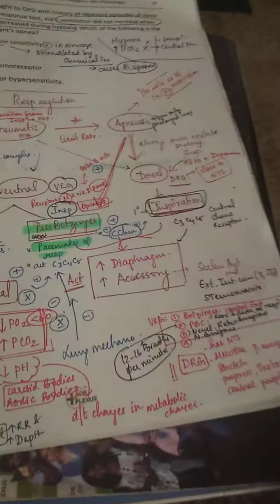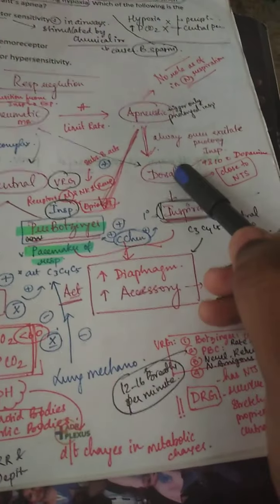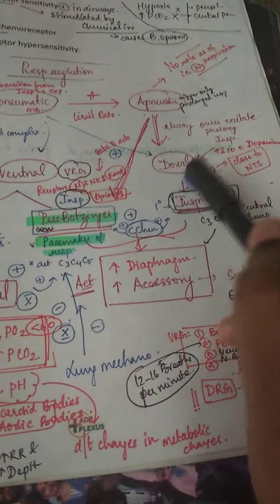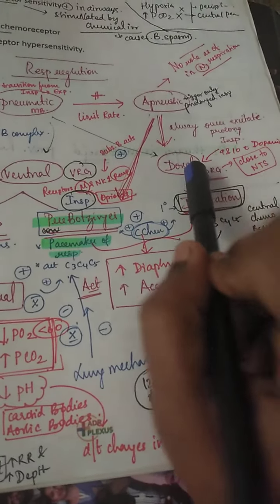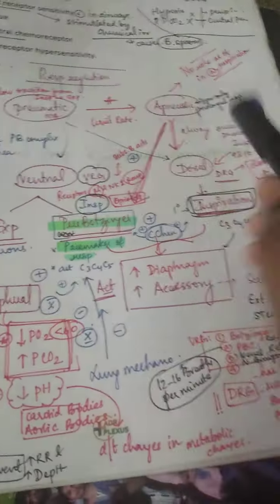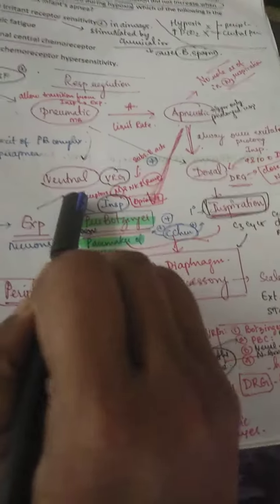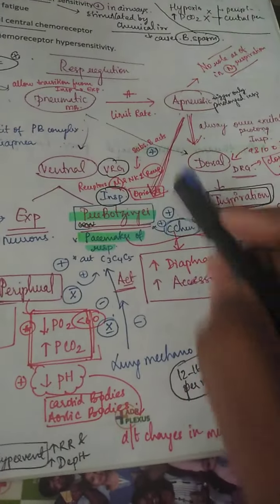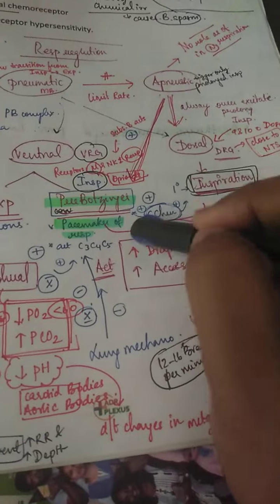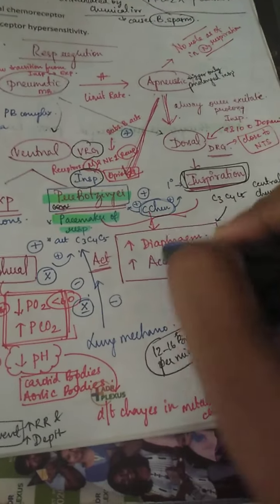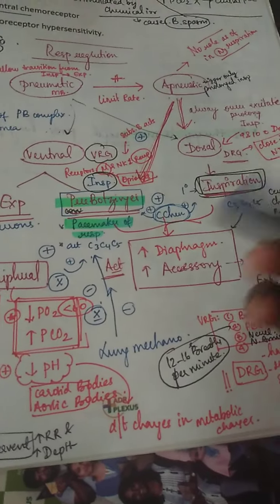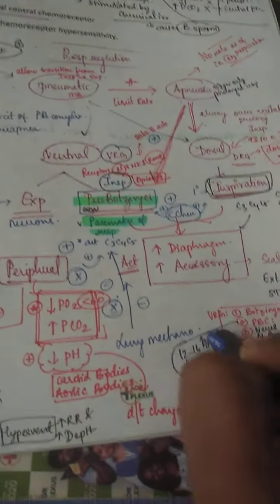Now these two nerves will go into the dorsal respiratory group and they will activate the ventral respiratory center. So inspiration will increase, the frequency of action potentials will increase, and there will be hyperventilation or hyperpnea. So this is what happens in metabolic acidosis.